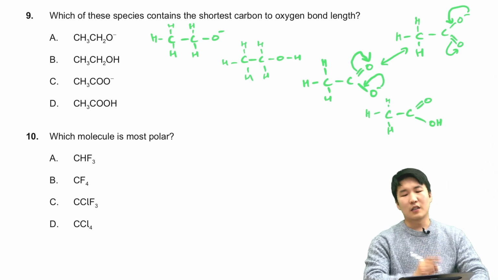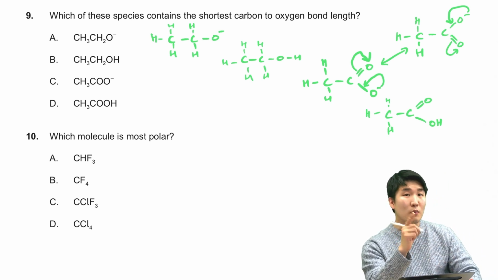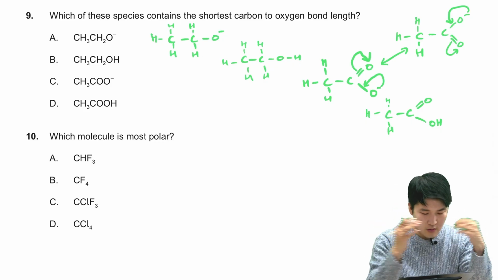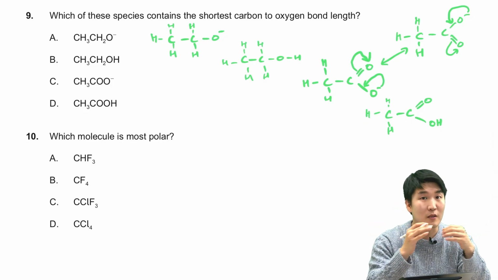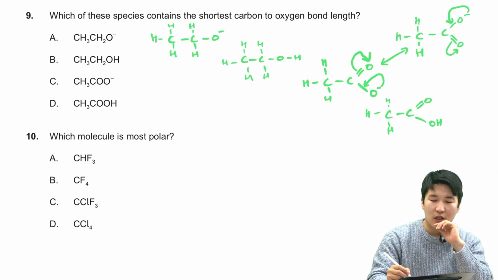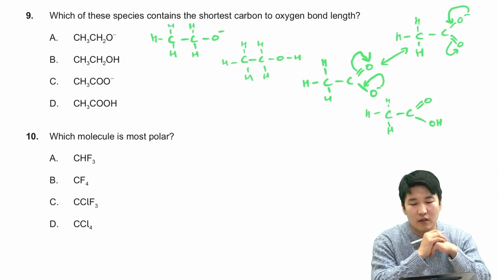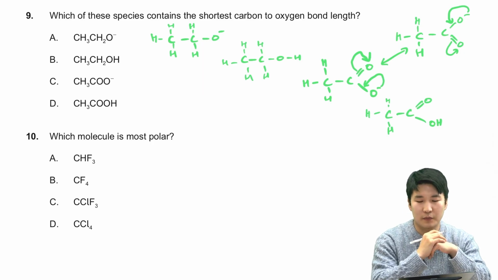Which means the bond order would be 1.5, one of the possible bond lengths I've mentioned at the beginning. This would be shorter than the first two, the 2 single covalent bonds.